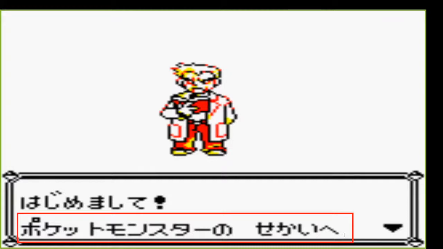Pokemon Monsuta. Okay, mahaba siya, it's a long one. Pokemon Monsuta no Sekai e. Like saying here, this is Pokemon Monster. Then we have our word sekai. Sekai means world.